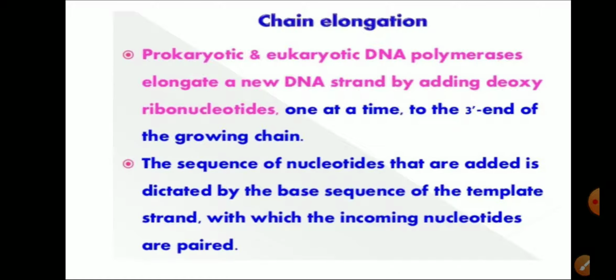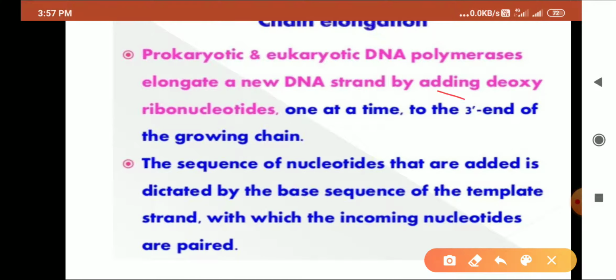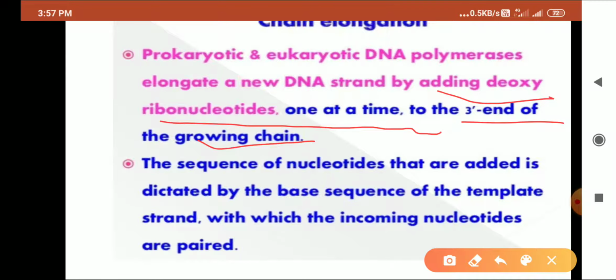Chain elongation. Prokaryotic and eukaryotic DNA polymerases elongate a new strand of the DNA by adding the deoxyribonucleotides one at a time to the 3' end of the growing chain. So here the DNA polymerase elongates the DNA strand by adding the deoxyribonucleotides.